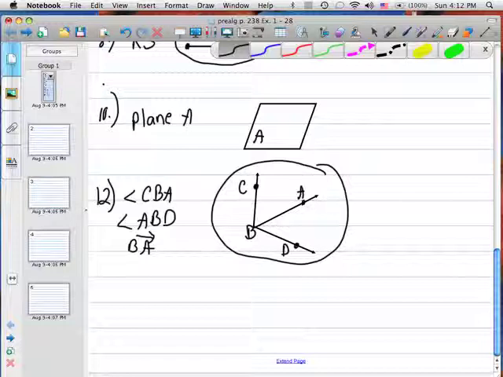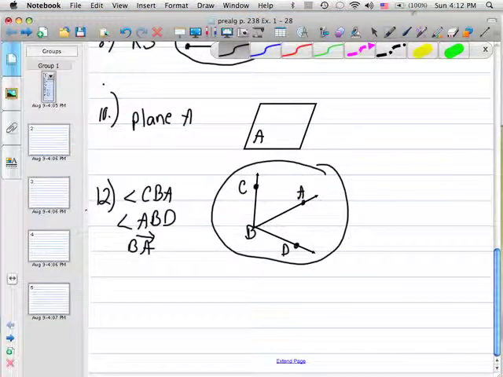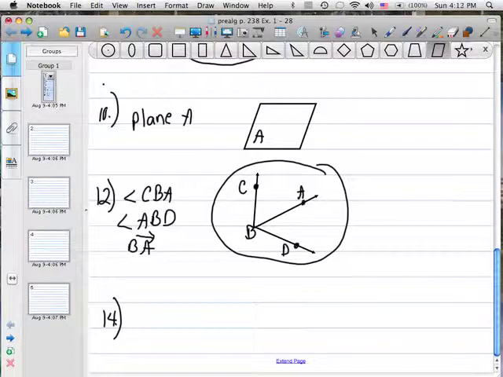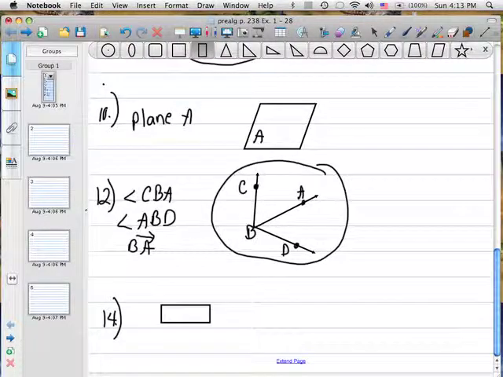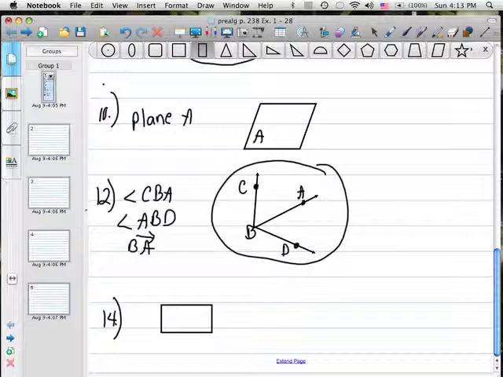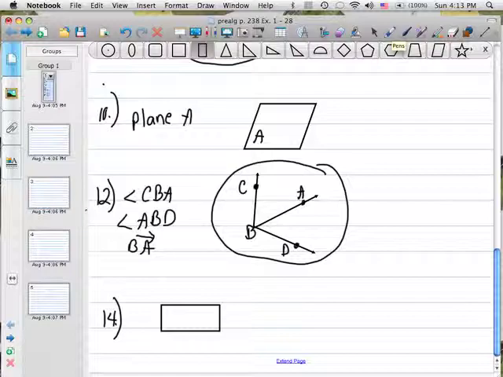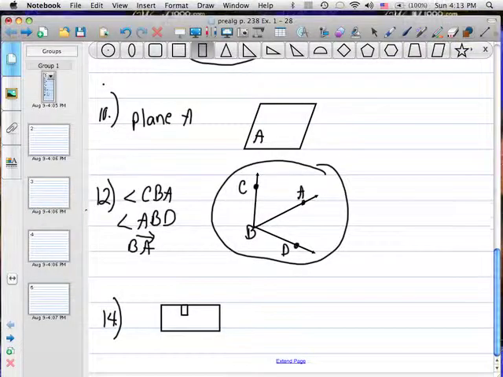Problem number 13 through 16, use the figure at the right and name another point that lies in the same plane as the given points. So if we draw that figure, I think I'll take that off and we'll try something else.